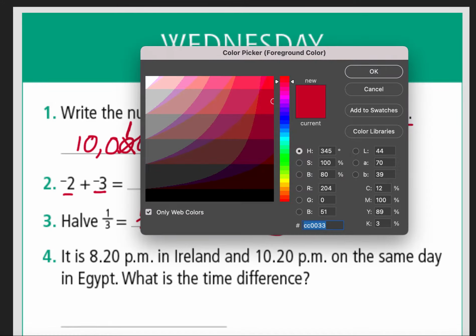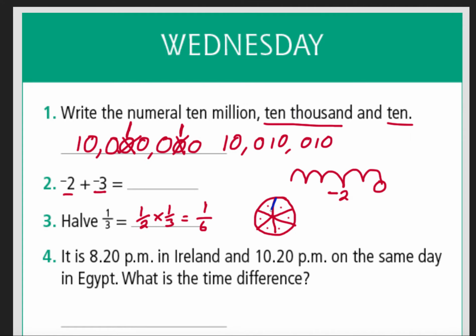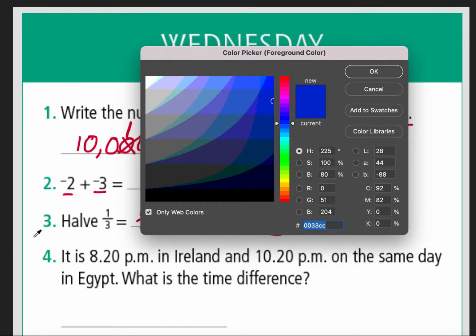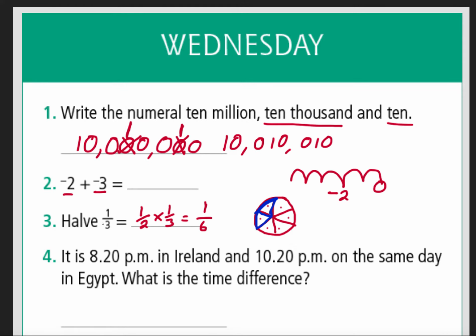So if I just do a different color there, this here, when we drew the circle first, this was 1/3 of the circle, and when we halve it like this, one of these is 1/6. So it makes sense. Okay, so halve 1/3 is 1 over 2 multiplied by 1 over 3, and that's 1/6.